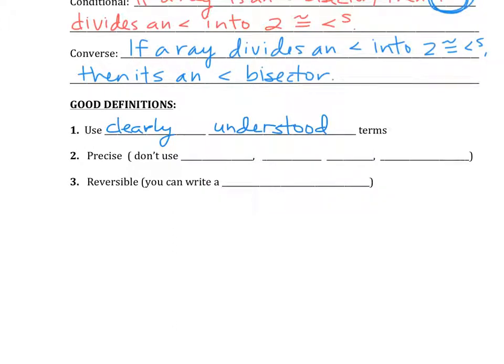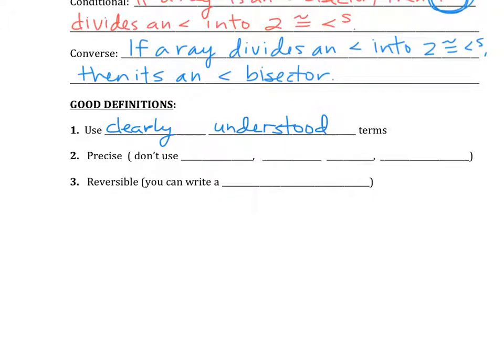What's his name? Do you know what movie we're talking about? Little Mermaid. It's what? Scuttle. Yes, Scuttle. So Scuttle did not use clearly understood terms for his fork and his pipe, right? No one knew what they were. He made them up.